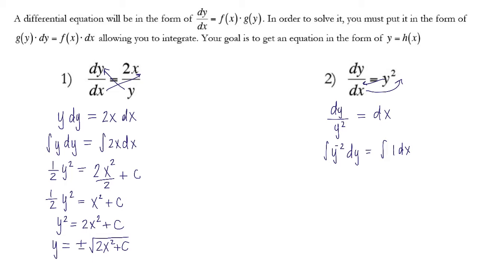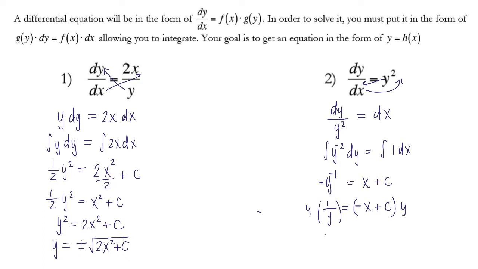Here when we integrate, we're going to get y to the negative 1 divided by negative 1, and that's going to be equal to x plus c. And again, here we do solve for y the best we can, and I'm going to move our negative over and go ahead and flip, so I have 1 over y equals negative x, again plus c. Solving for y, one way to think of this is you can multiply this whole side and the other side by y.